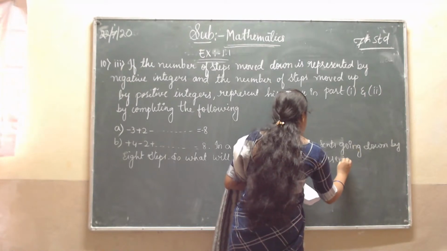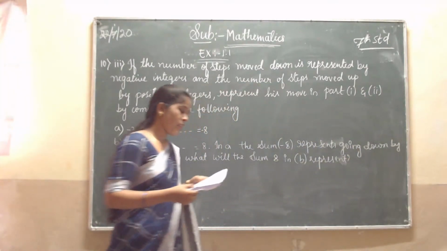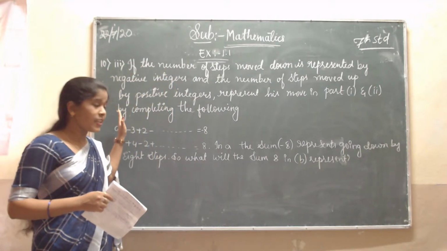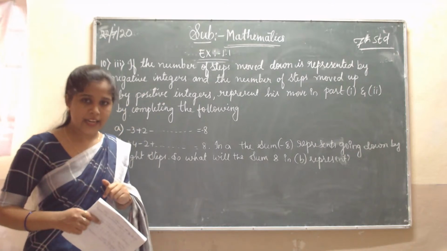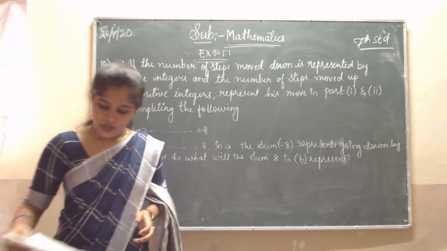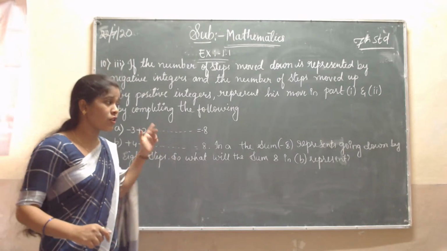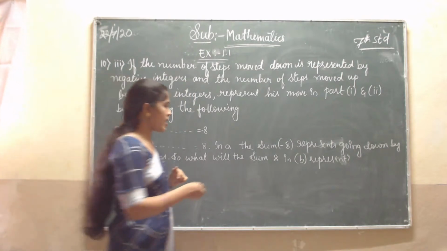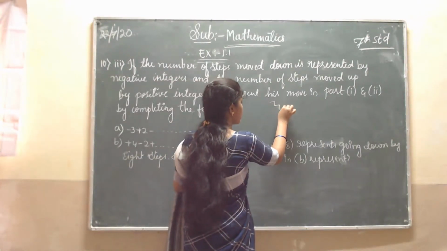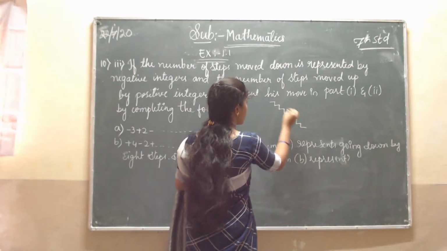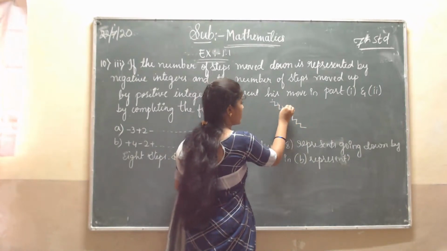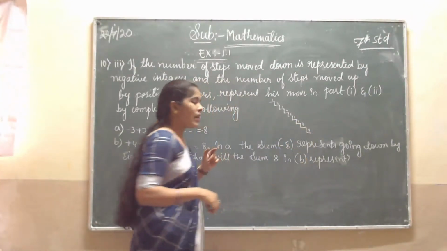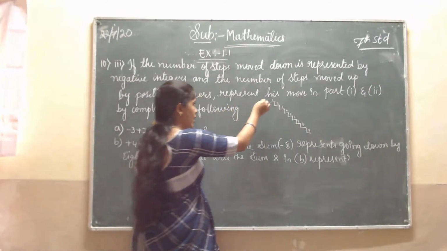In the previous class, we solved the 10th question, parts A first and second. We will recall that because it is related to this problem. There is the first step, second, third, up to the ninth.